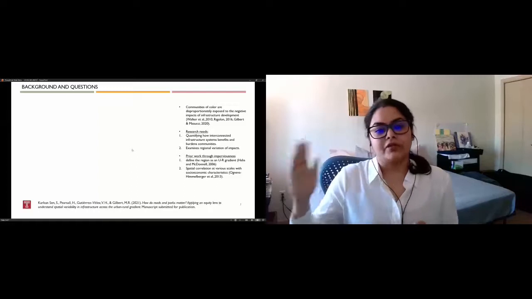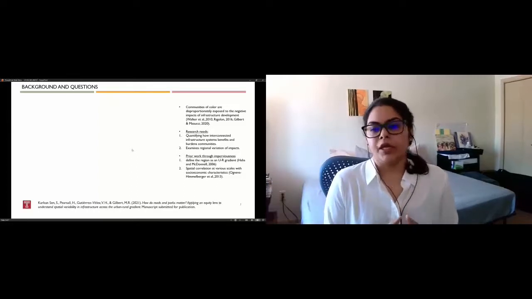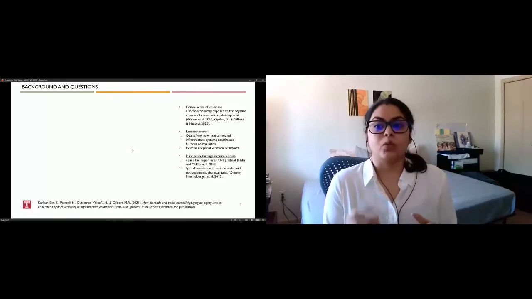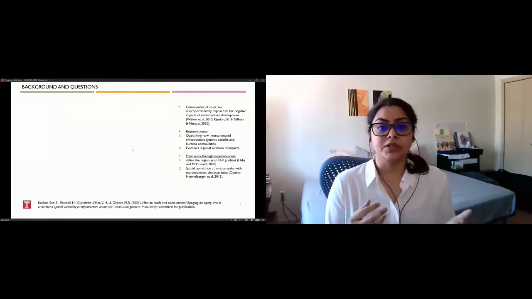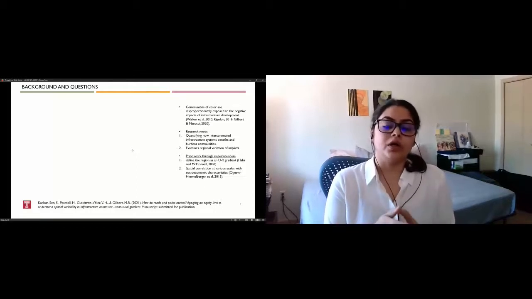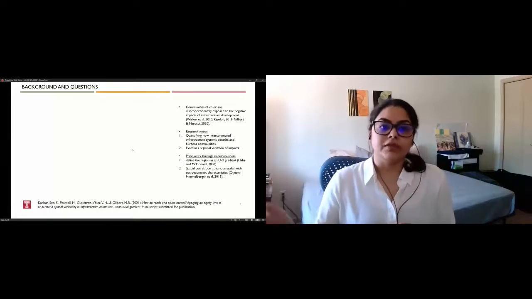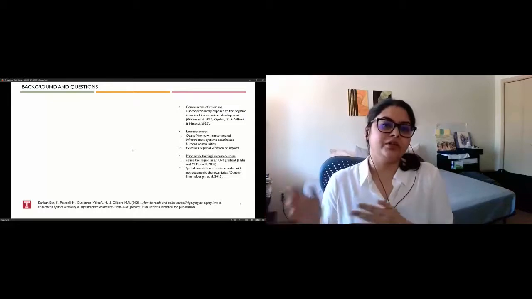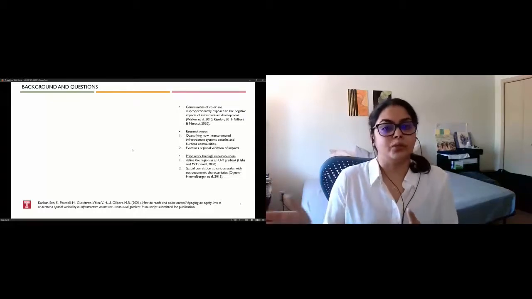There's also a set of research needs that we identify, which is that not a lot has been done in terms of quantifying how different infrastructure systems work together or against each other to benefit or burden communities. And furthermore, at regional levels, not a lot of work looks at region beyond urban and rural, so breaking that duality.